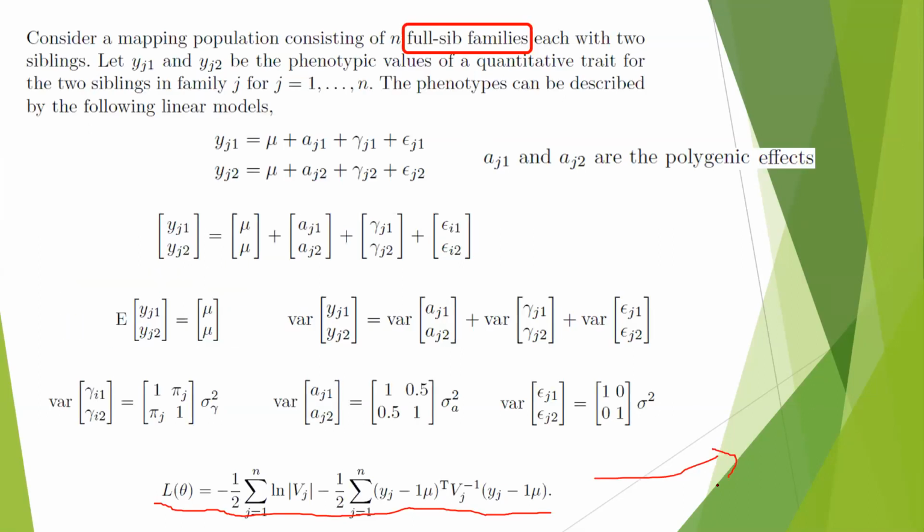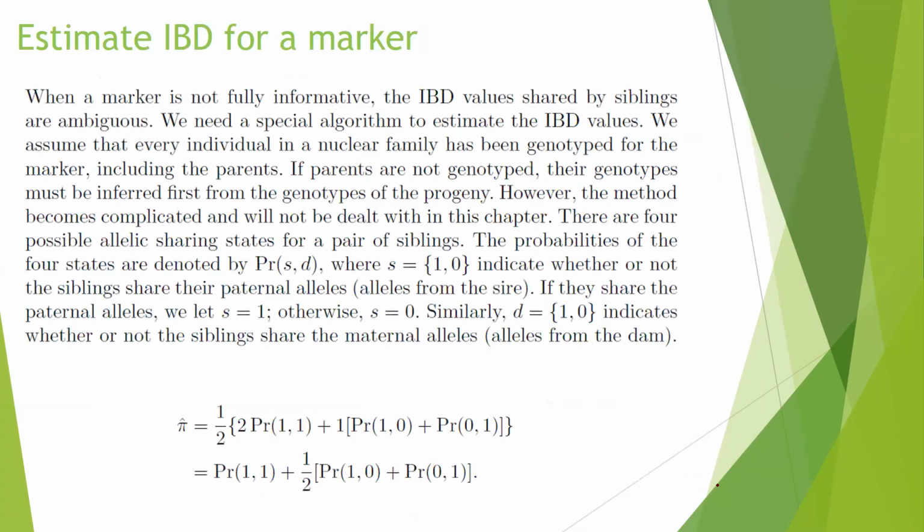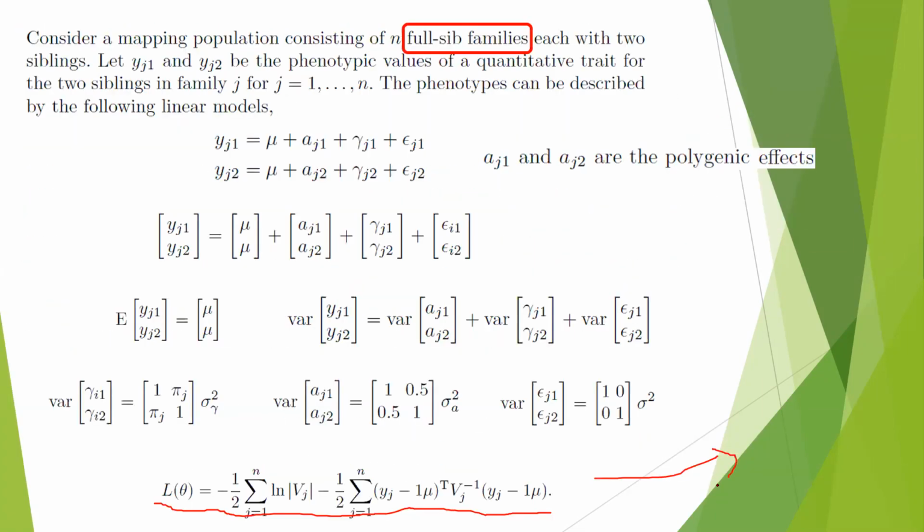So far, do you have any questions about this random model for QTL mapping? We calculate the mixed linear model, or the random linear model, to calculate these polygenic effects.